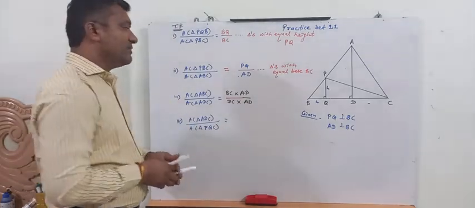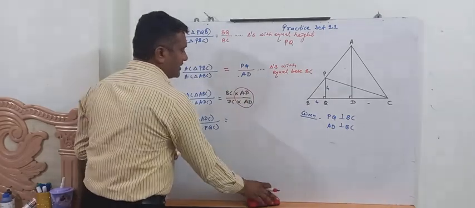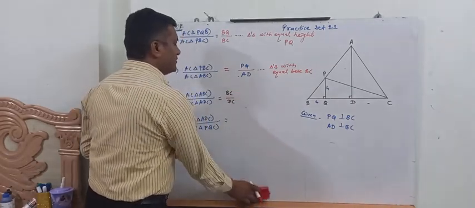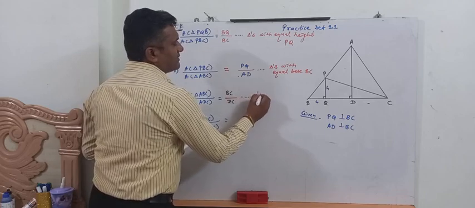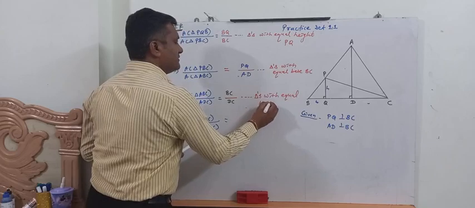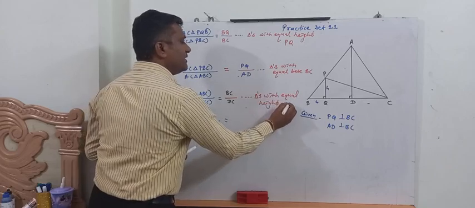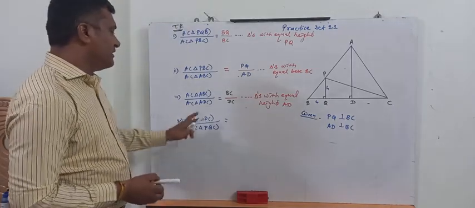So again, what did we come to know is equal? Height is equal. So I can remove that one. So here it will be BC upon DC, triangles with equal height. Which height is equal here? AD.